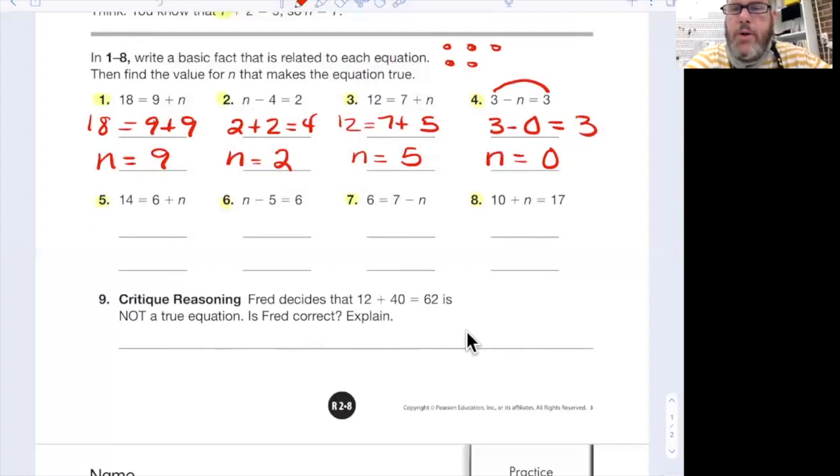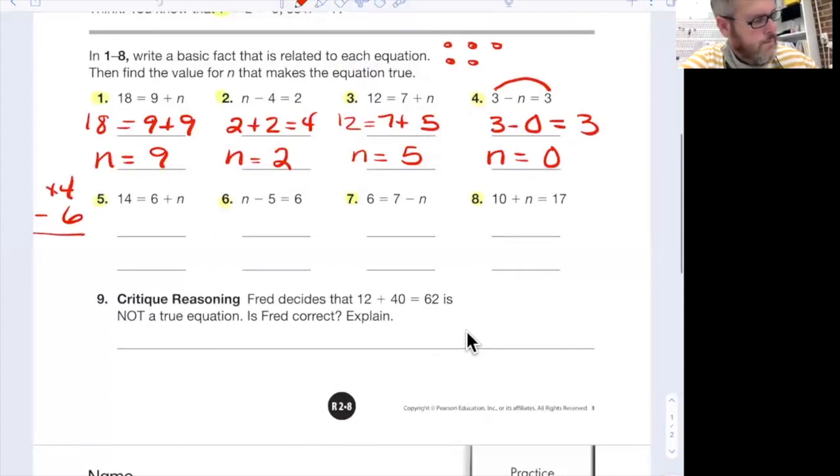Number 5, 14 equals 6 plus n. Well, maybe I'll try 14 minus 6. I'm going to do that on the side. 14 minus 6. We have more on the floor, so we need to borrow next door. We still get 14. Let's count up. You can use your fingers if you'd like.